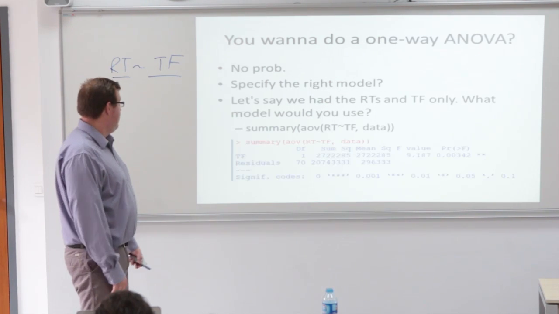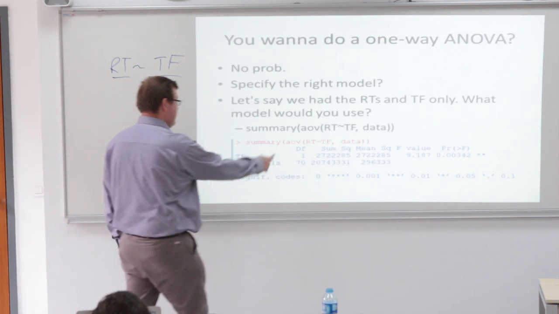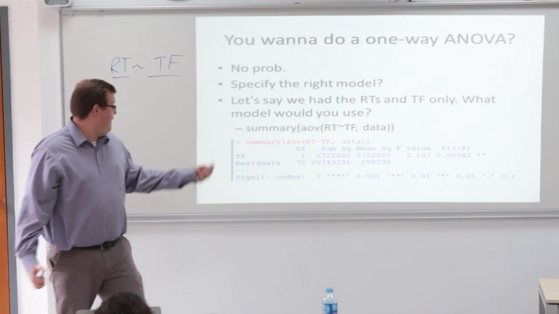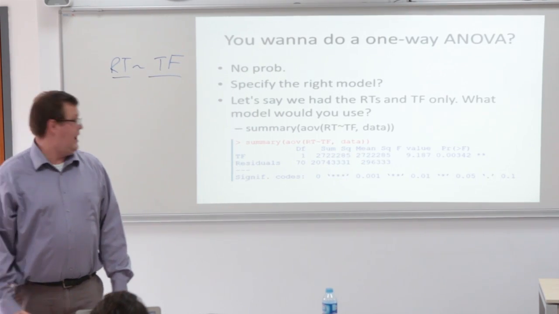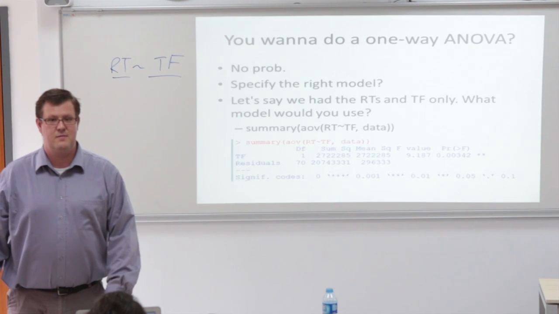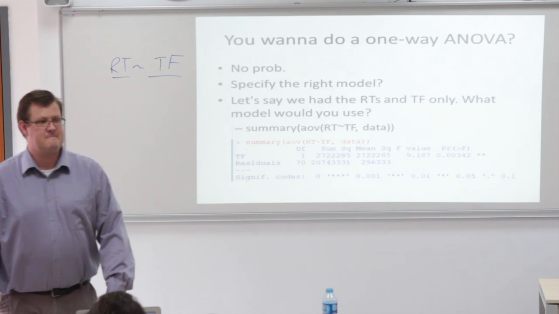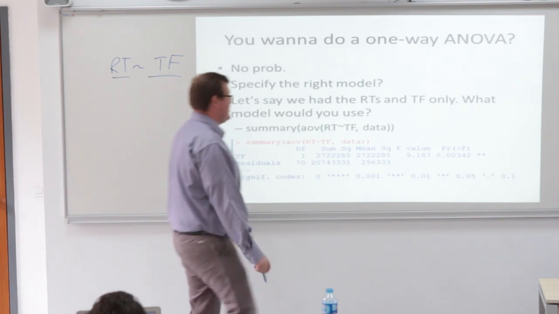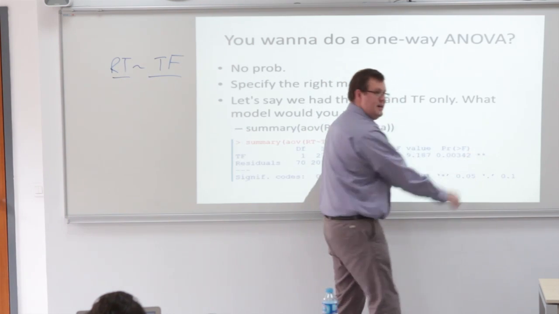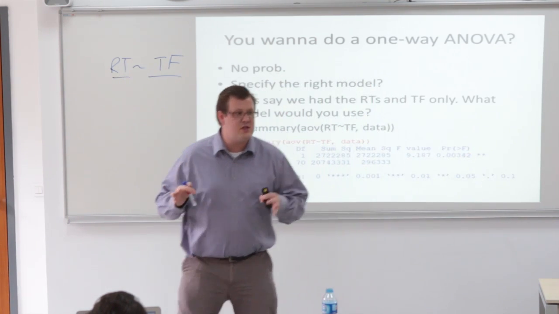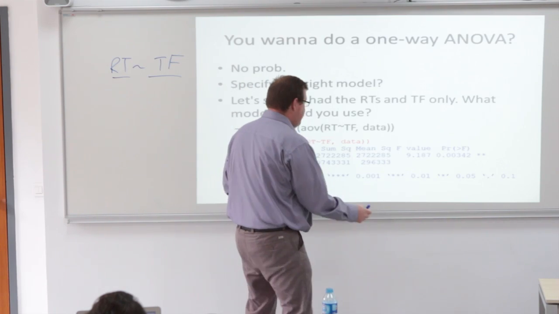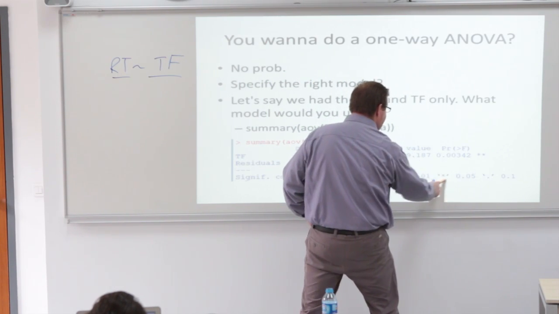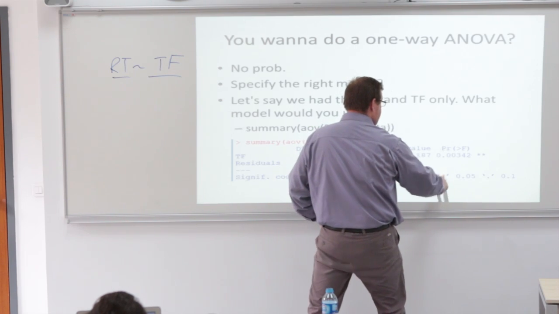You get the degrees of freedom, the sum of squares, the mean squares, the F value, and the P value. All of that in one fell swoop. And look, it even tells you how significant it is, basically if you use a certain alpha level. So if you used an alpha level of 0.05, you would have this star. Notice there are two stars.